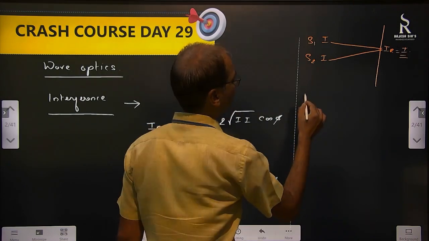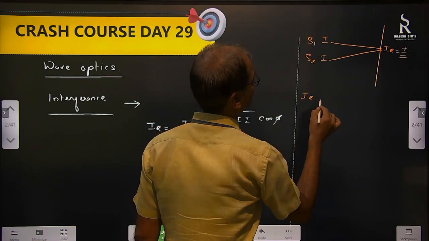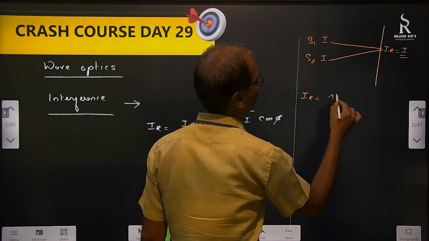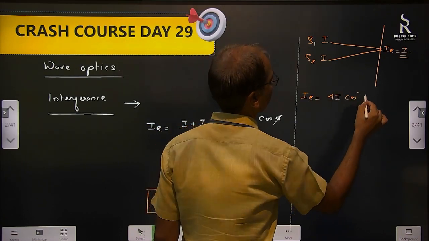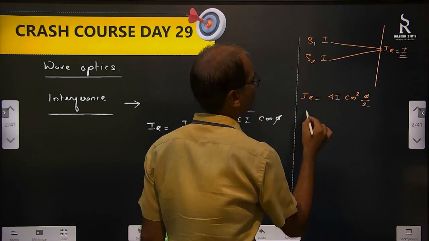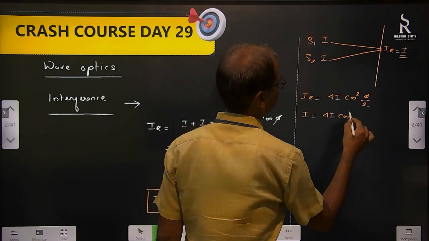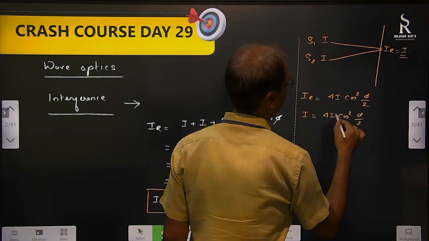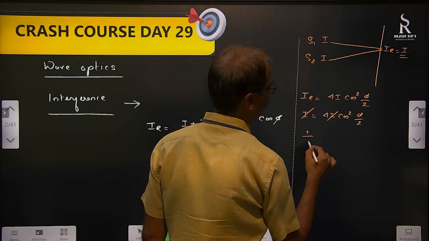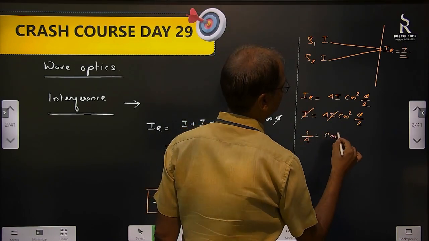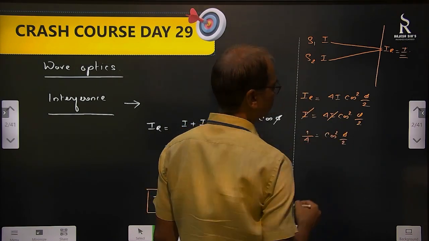IR equals I max, and I max means 4I into cos square phi by 2. Here the resultant is I, so I equals 4I cos square phi by 2. I and I cancel, giving 1 by 4 equals cos square phi by 2.